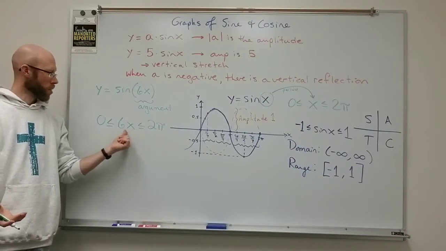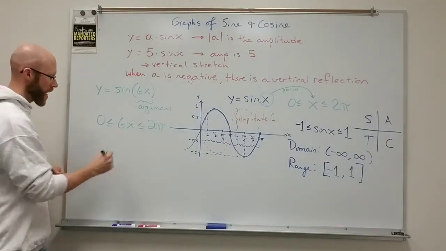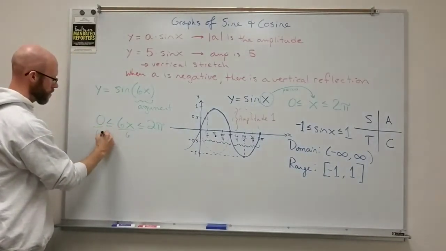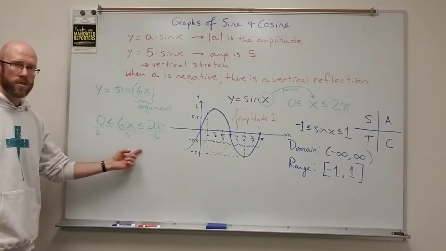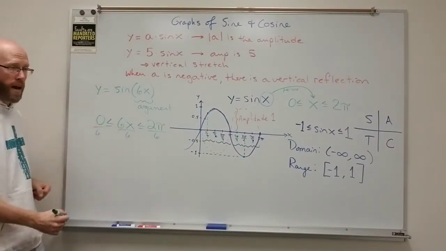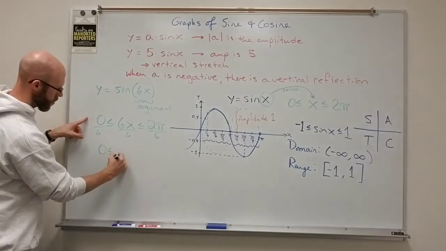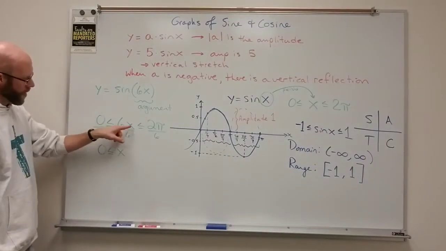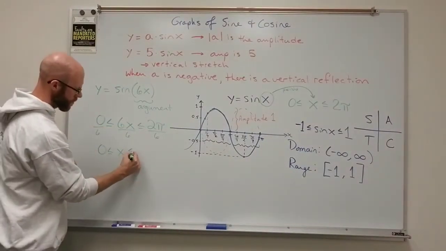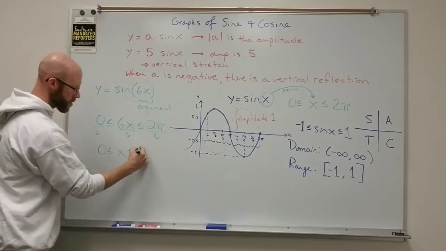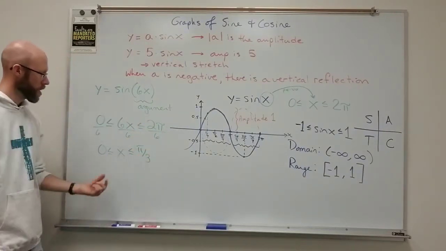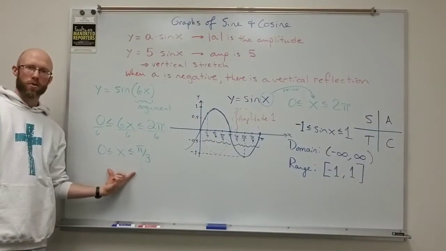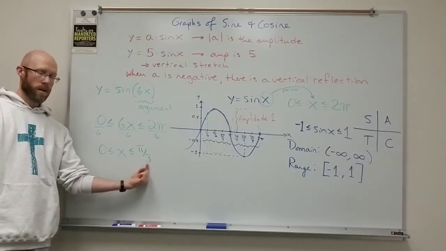Well then, what would x have to be? If you divide all three parts of this inequality by 6 to solve for x, I still have a 0 on the left, but now I have an x in the middle, and 2 pi over 6 is the same as pi over 3. And so now what I've done is I've created a period of pi over 3.